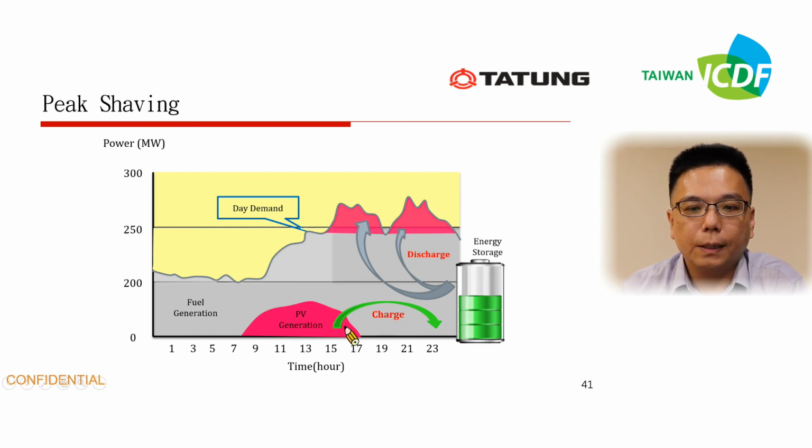We charge the extra PV power to the battery system, and when we need extra power, we can discharge it to the grid. We can shift the power demand and let the bidding decrease.